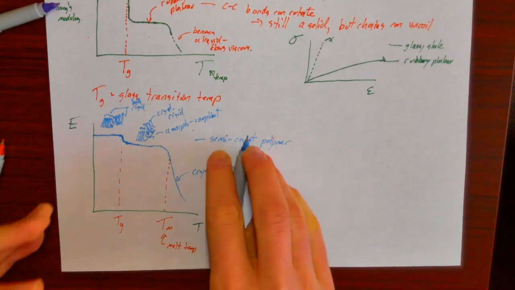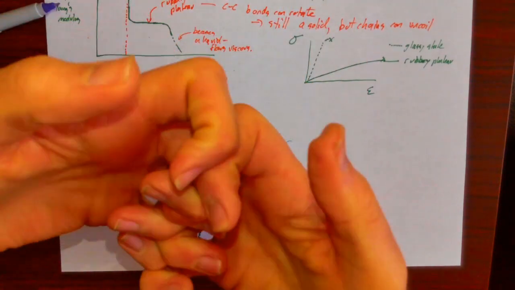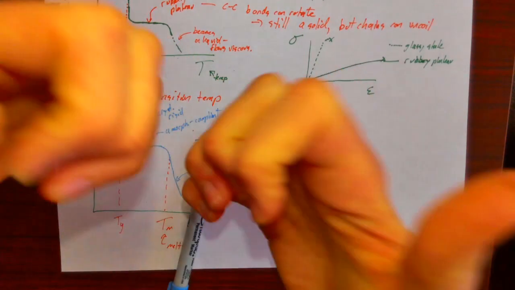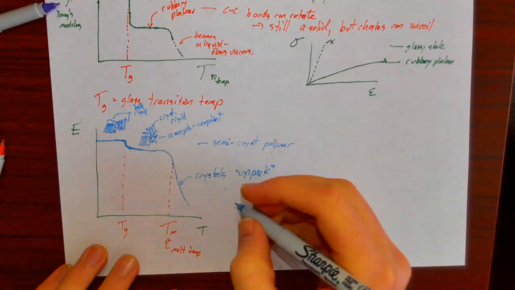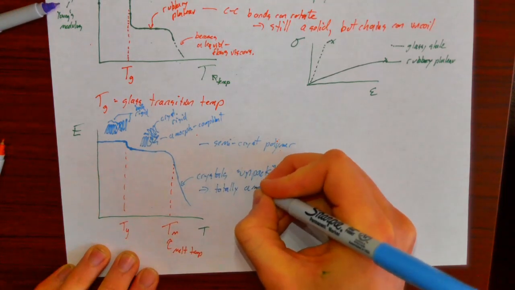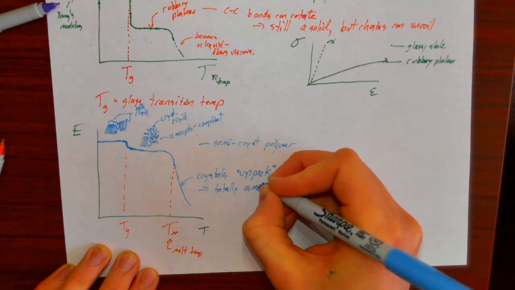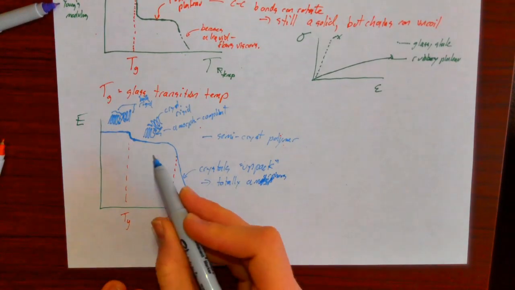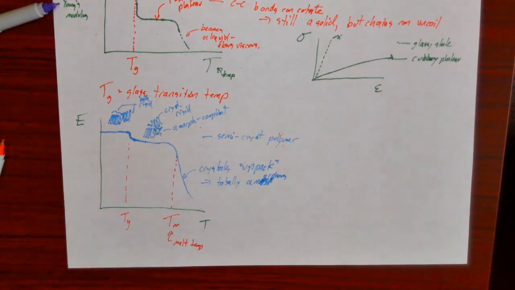There's finally enough thermal energy where the molecules, rather than forming that nice tight sort of zipper-like structure between adjacent chains, have so much thermal energy that they can no longer pack tightly into crystals, and it basically becomes totally amorphous. It becomes totally amorphous, and with that, it has a severe loss of all of its mechanical properties.